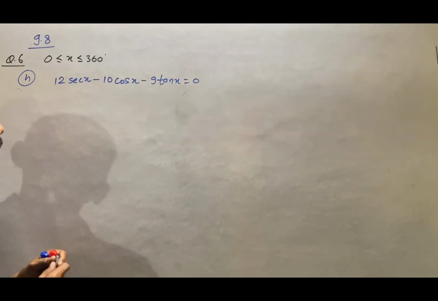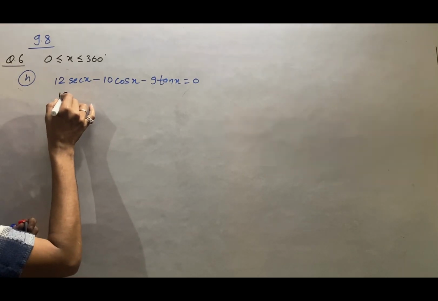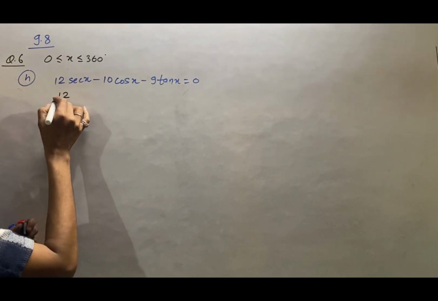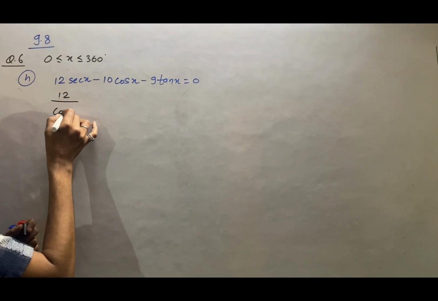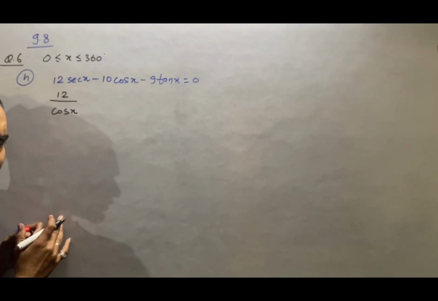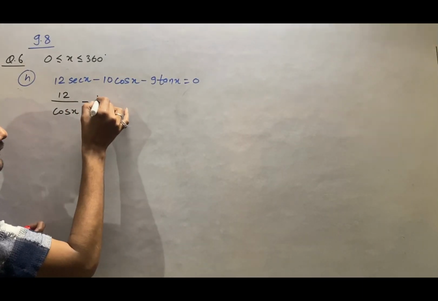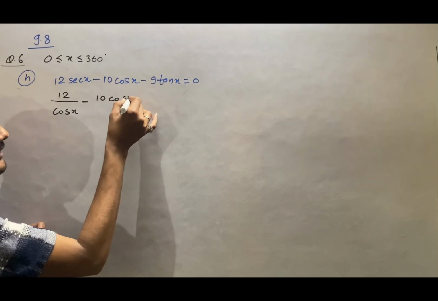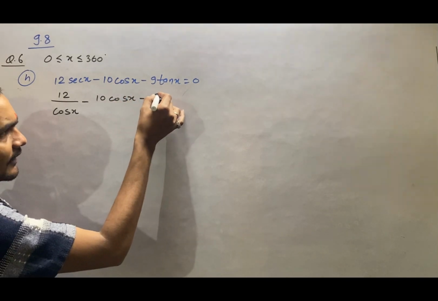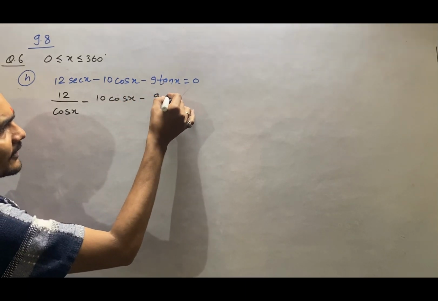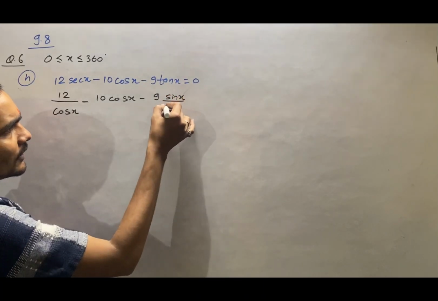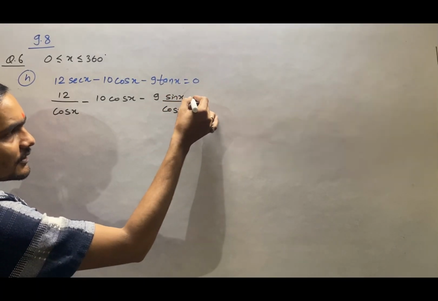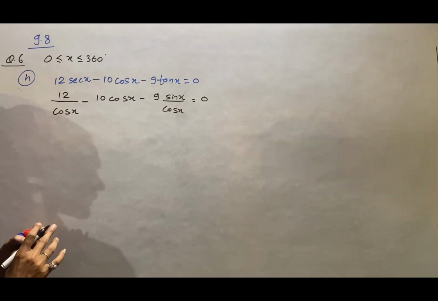So 12 sec we can write as 12 over cos, minus 10 cos x as it is, and minus 9, and as tan we can write sin x over cos. We know this much.